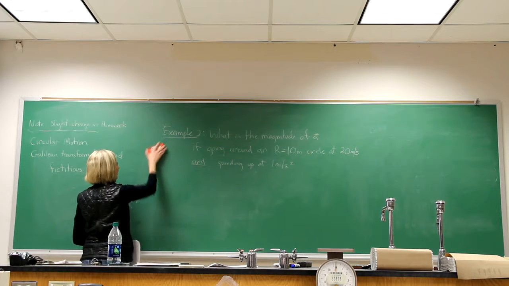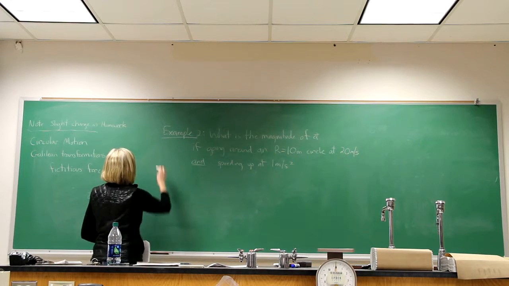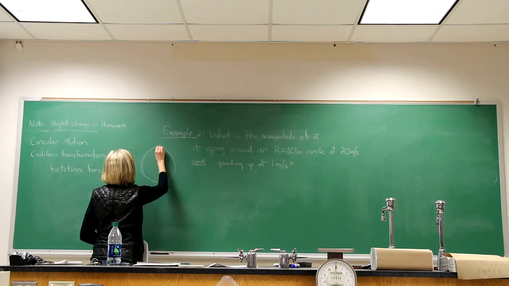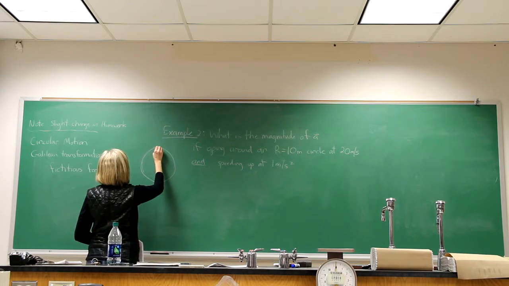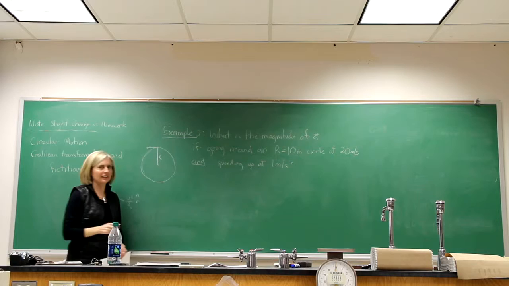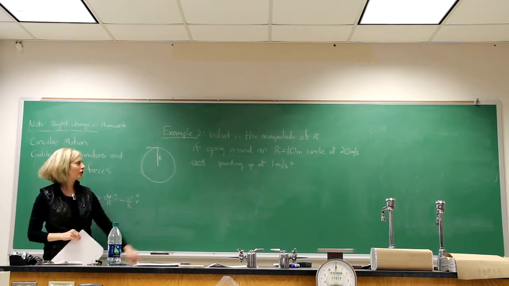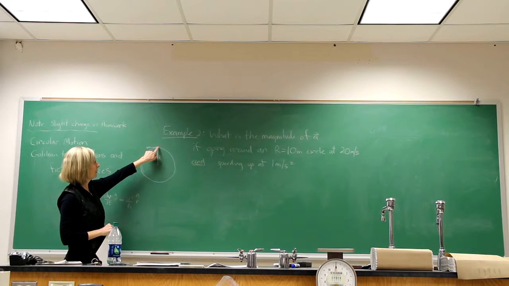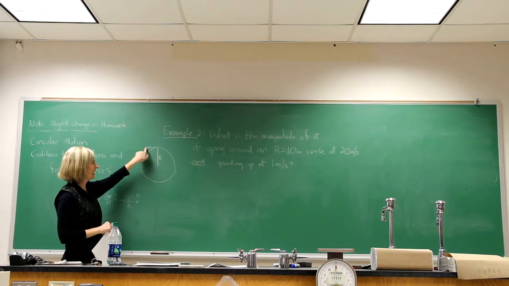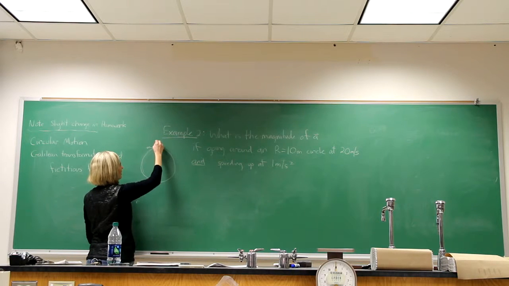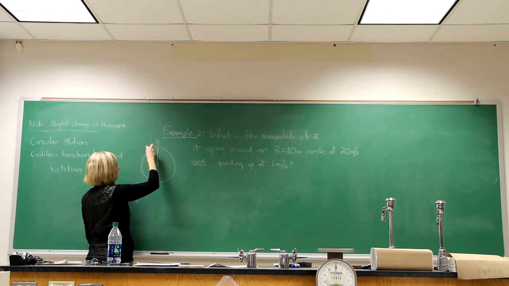Let's draw our little picture again. Something's going around a circle. Here's R. Here's v. The only difference here now is there's going to be a component of speeding up, acceleration due to speeding up that's in that direction, as well as the component that's keeping it into the circle, which would be that direction.